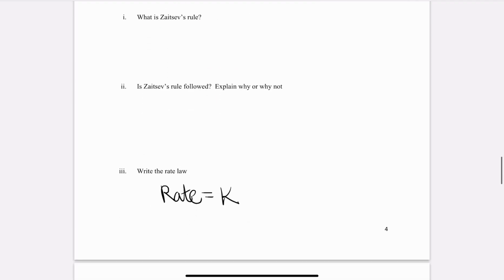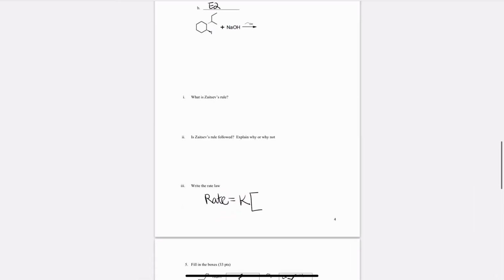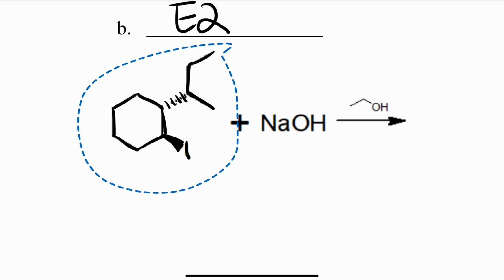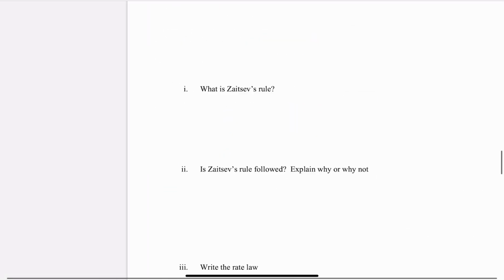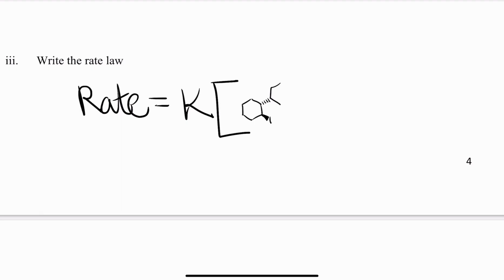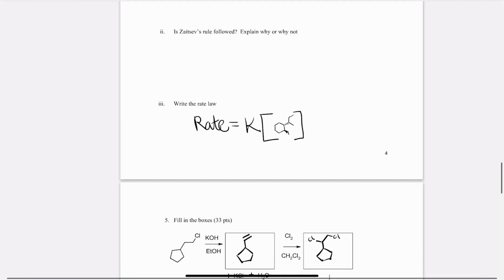So remember, they always have this K, this constant. So we're going to write, let me copy it here. I'm going to have this substrate, just as she has it written. Right, that's going to be the substrate portion of it.